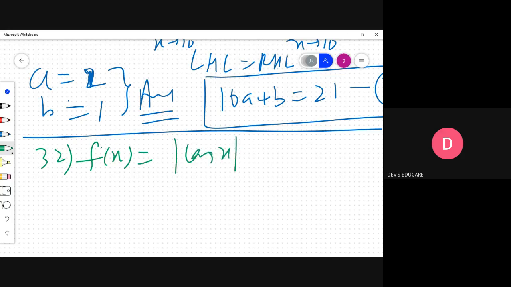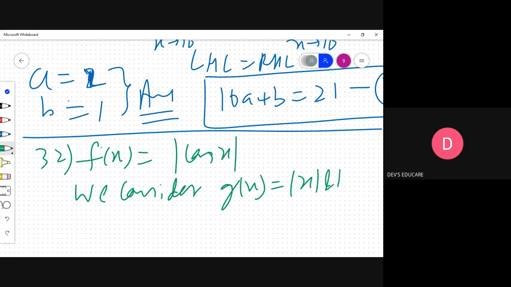So what we do, we consider two functions: g(x) equals mod x and h(x) equals cos x.